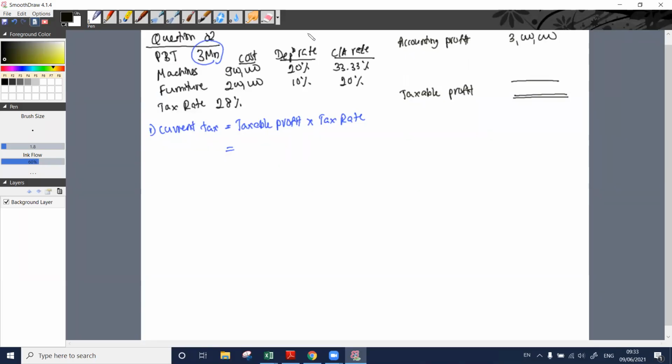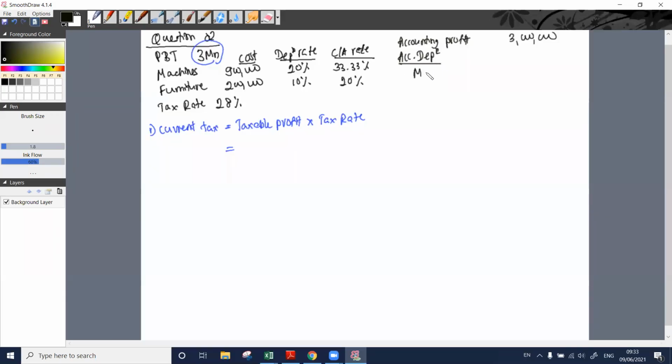Depreciation is not allowed. What is allowed? Capital allowance is allowed. Right? Accounting depreciation is not allowed. Therefore, we need to add back.